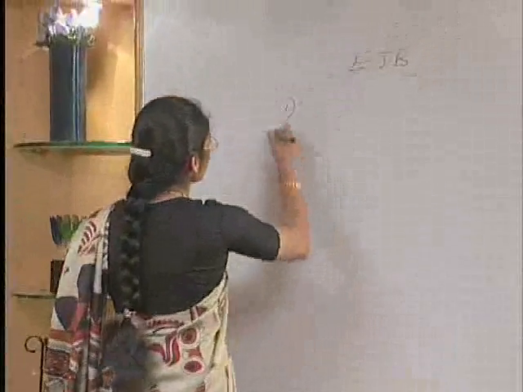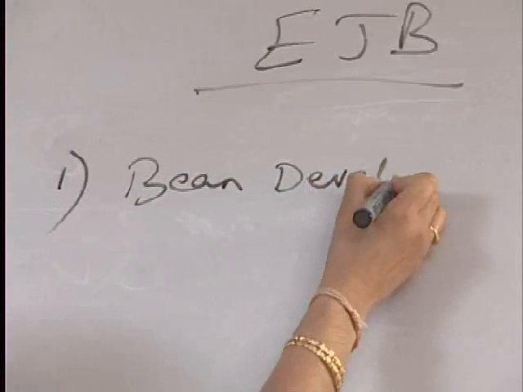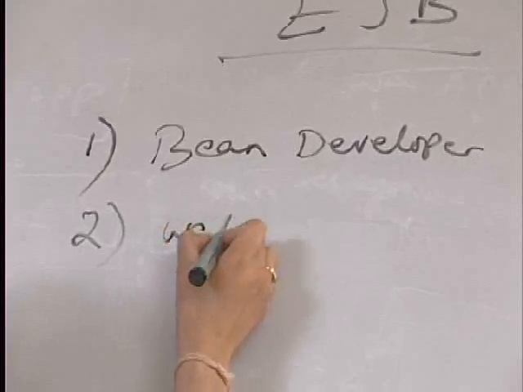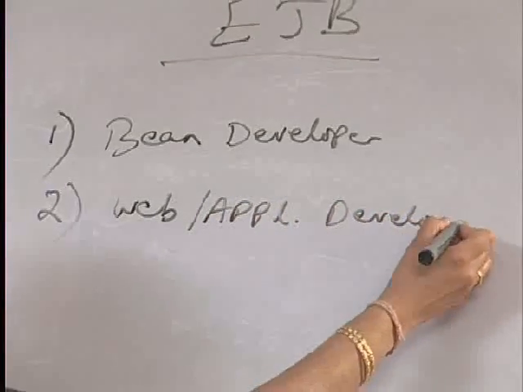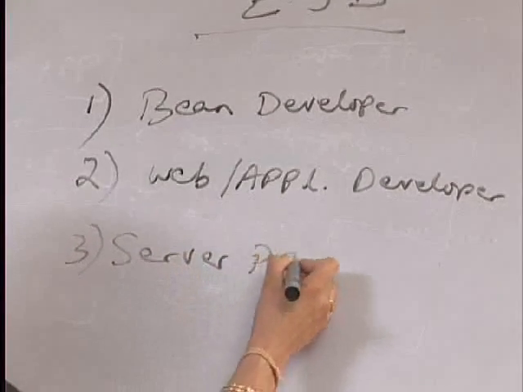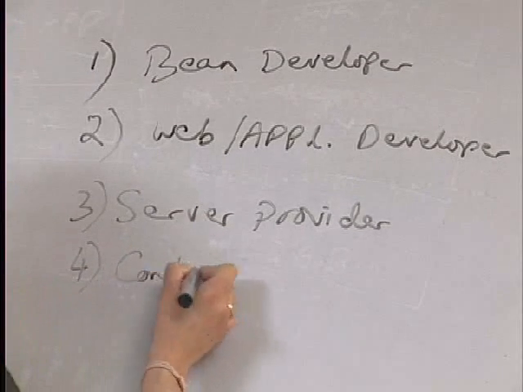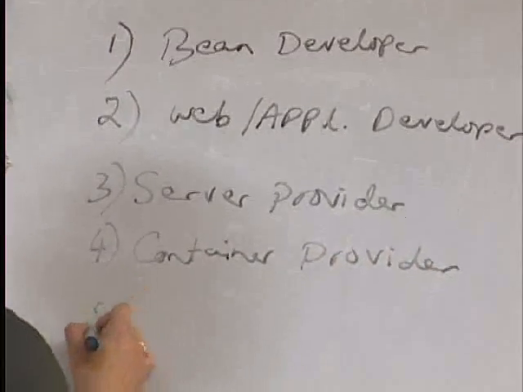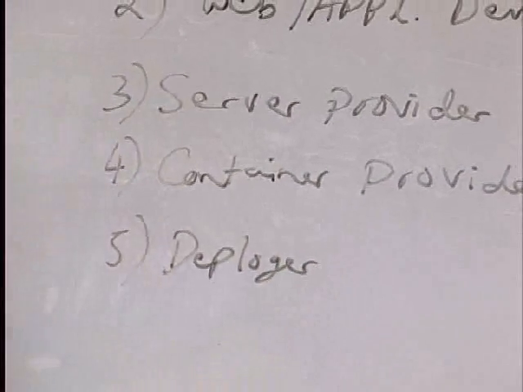They are the bean developer, the web or application developer, the server provider, the container provider, and the deployer.